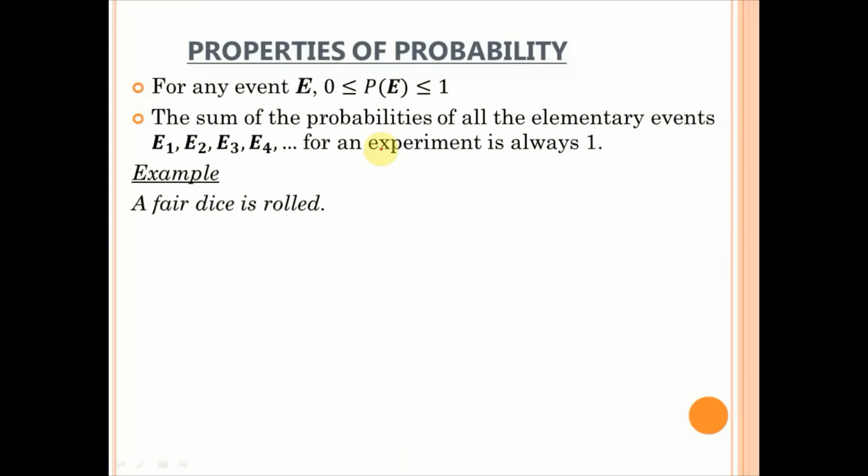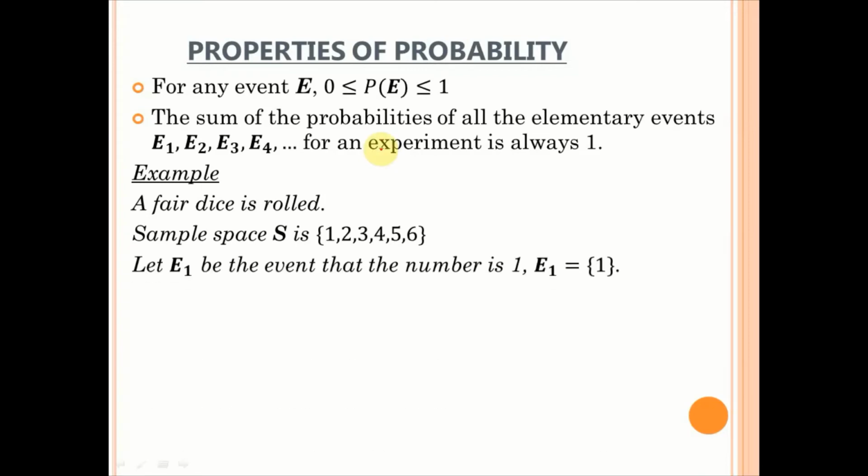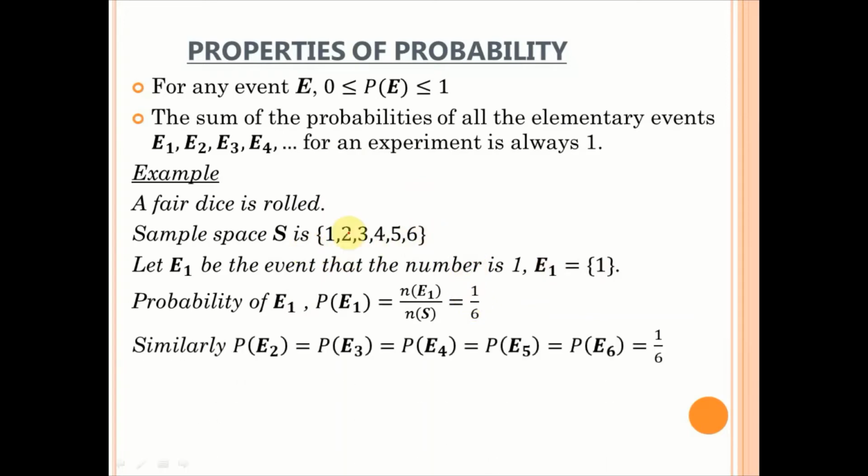Example tadi, a fair dice. Sample space is 1, 2, 3, 4, 5, 6. And for example, we let the E1 be the event that the number is 1. So E1 kita ada set, this is event 1, {1}. And then therefore the probability of E1, maksudnya number 1 appear when we roll a fair dice is 1/6. Sebab 1 daripada 6. And then similarly for all the other numbers.